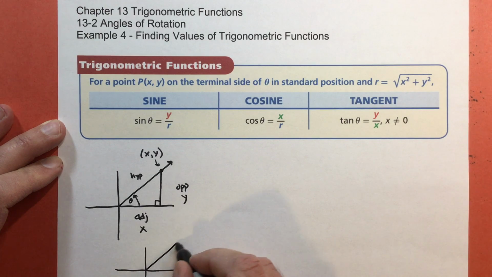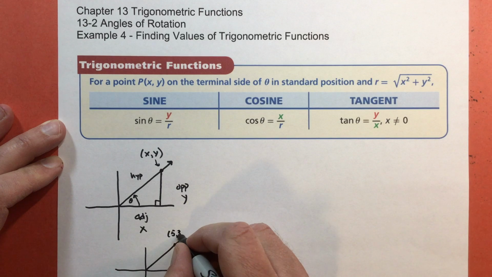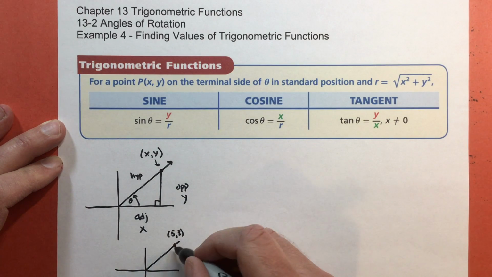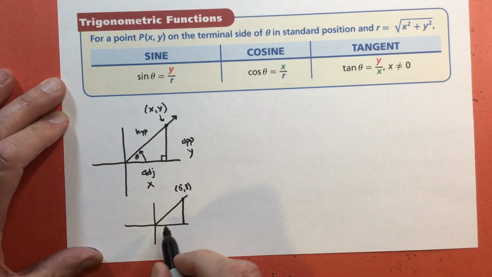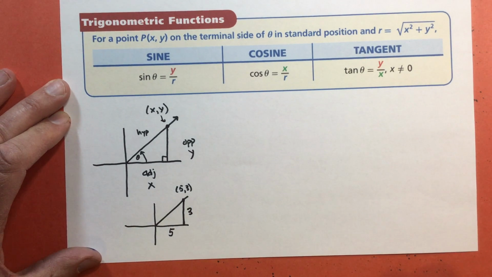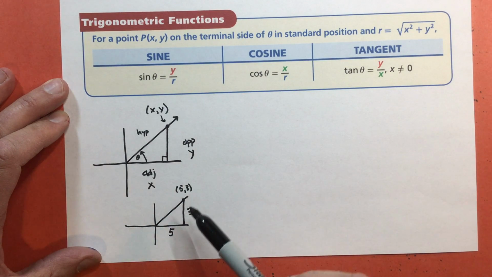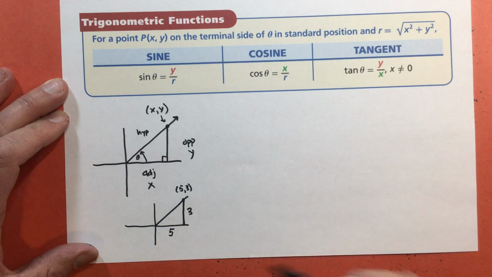If my point goes through 5, 3, so 5, 3 is on this terminal side, that means I went 5 units to the right and I went 3 units up. That gives me both the opposite side and the adjacent side. Well, how do I find the hypotenuse?